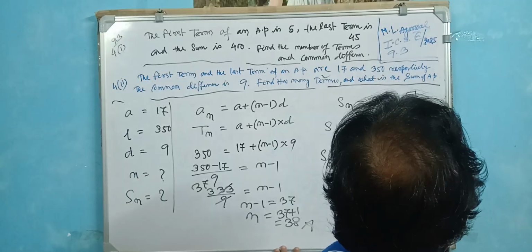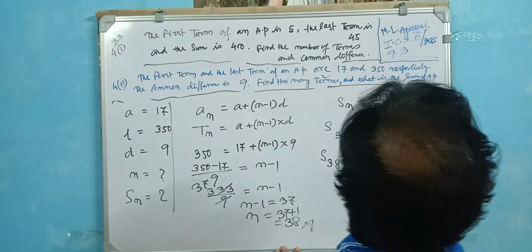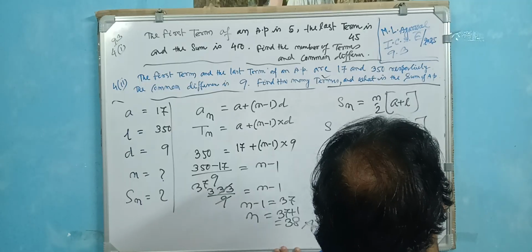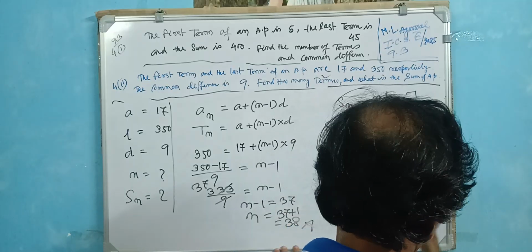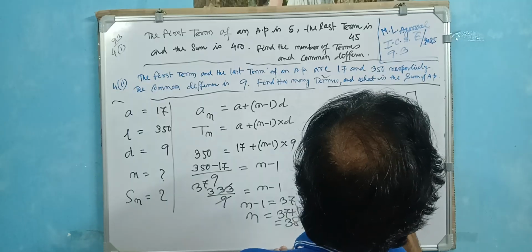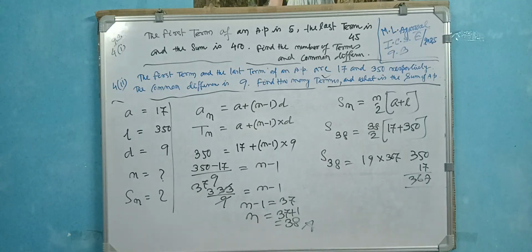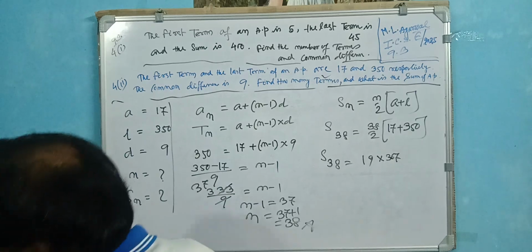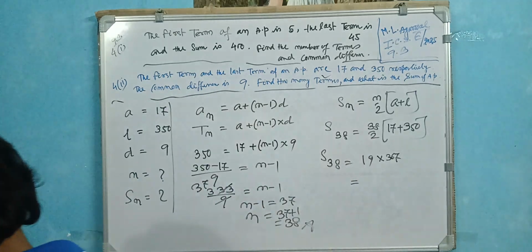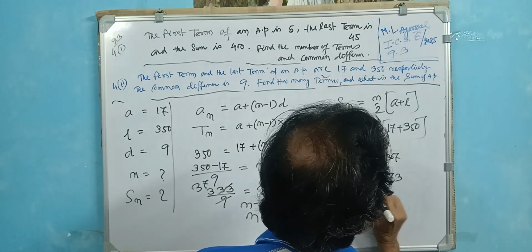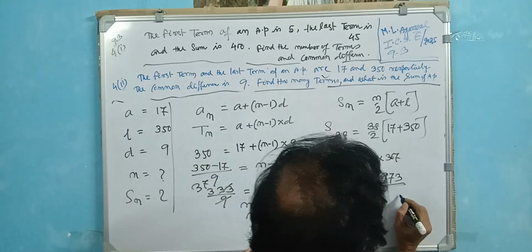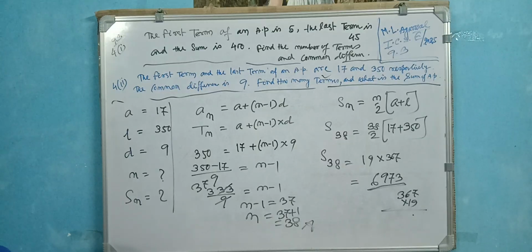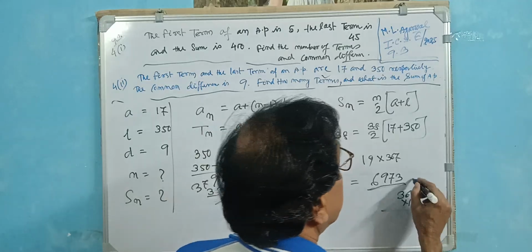Adding 350 and 17 gives 367. Now if you multiply 367 with 19, you get 6973. 6973 is the answer.